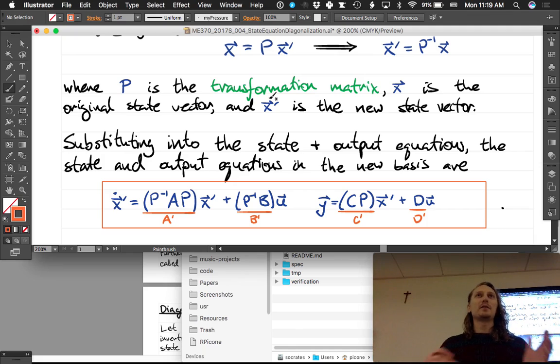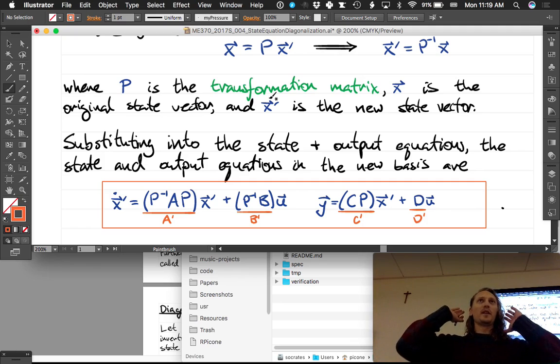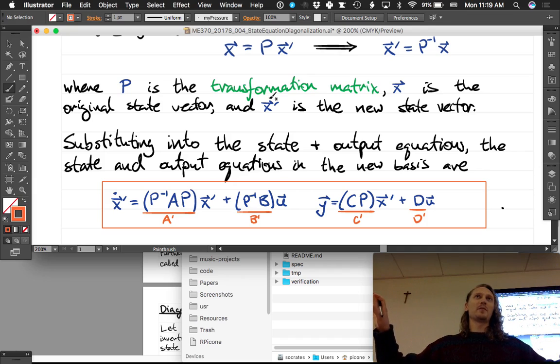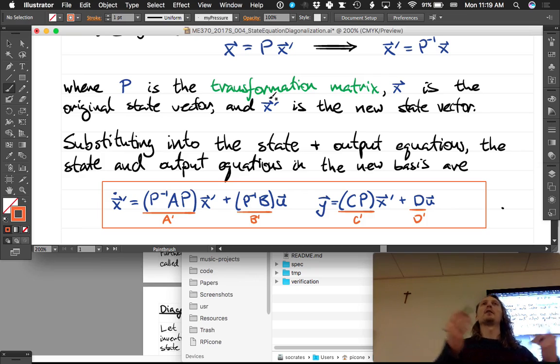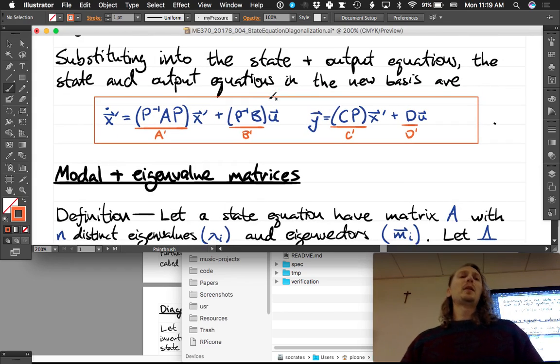We're not using Laplace transforms or anything like that, but we're saying, okay, there's a convenient way to look at this problem, and it's in terms of this diagonalized system. In this basis, it's easier to solve using the state transition matrix. And we're going to solve it, and then we're going to transform back to the original x basis so that we can know what our solution is in terms of our state variables that we started with. So that's hopefully becoming more clear. I think it'll become more clear as we get into it.